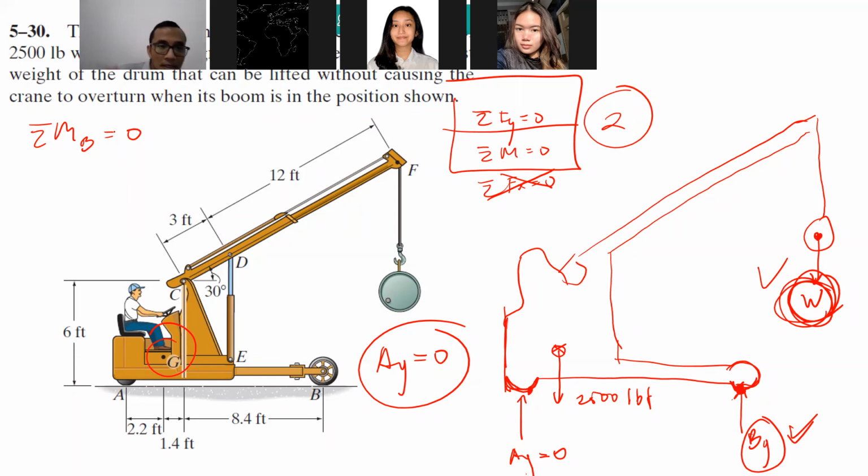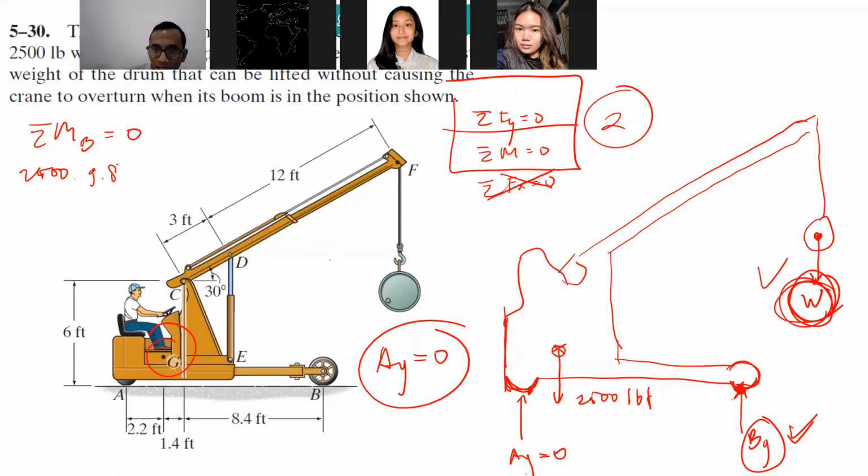Okay, so you make it counterclockwise positive. So 2,500 lbf multiplied by 9.8 feet. Okay, counterclockwise positive. And what else?